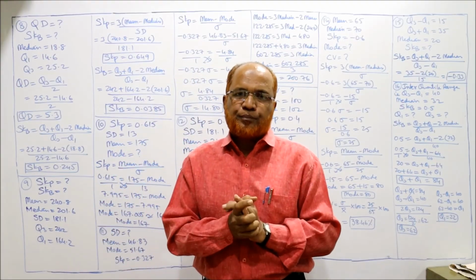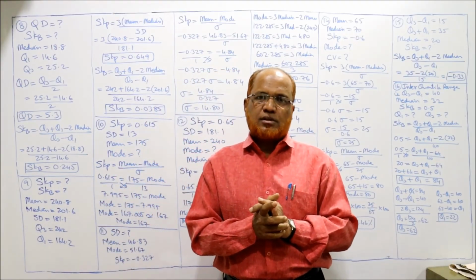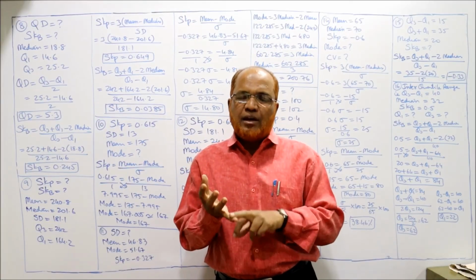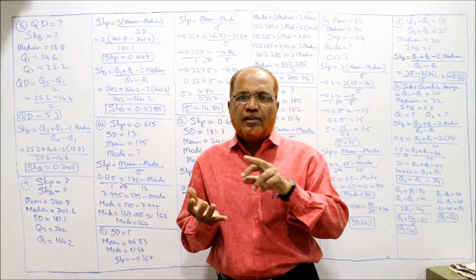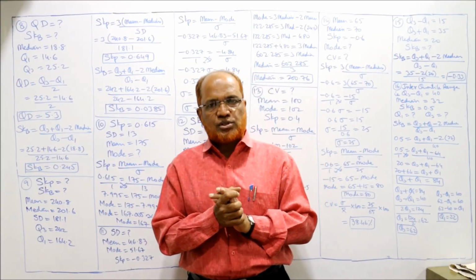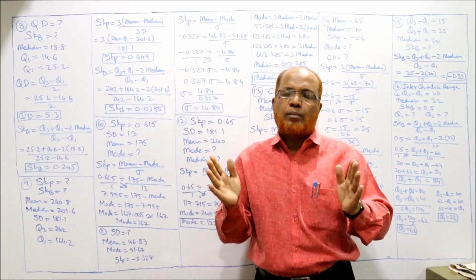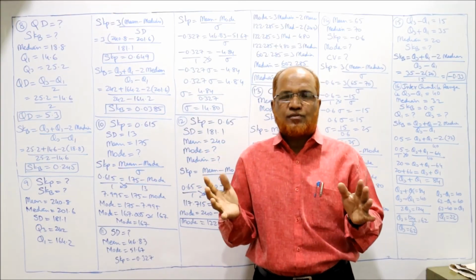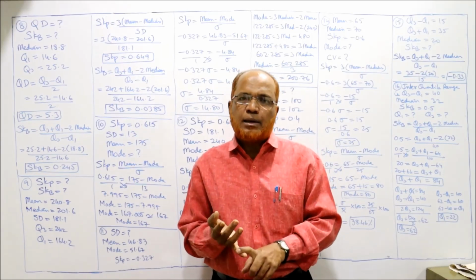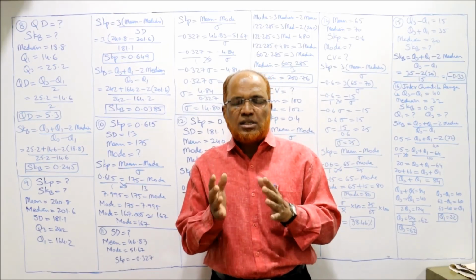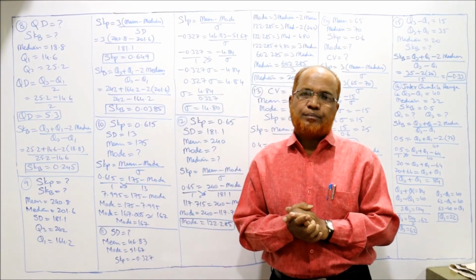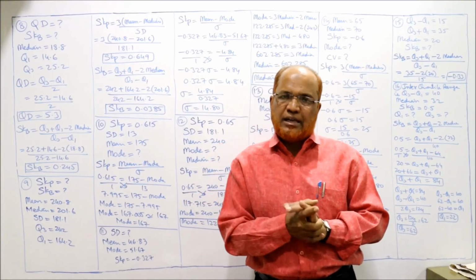So in this video, we have completed the short problems. In the last 2-3 videos, we discussed the meaning and concept of skewness and the different measures of calculating skewness. Then we started the problems. The long problems we did on different types of series: individual series, discrete series, continuous series for calculating SKP. Then we calculated the measure of skewness according to Bowley, which depends on quartiles and median.